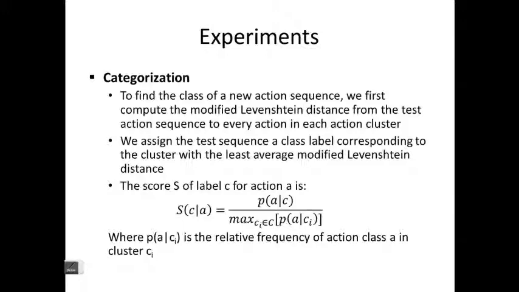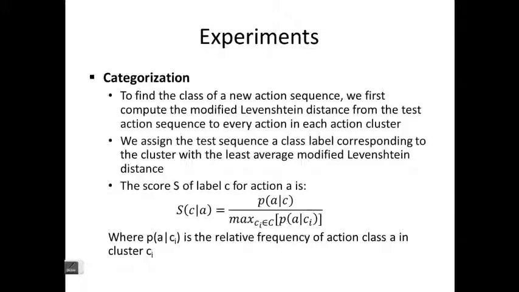And then we define the score of this particular label C for the action A as the relative frequency of observing that action in that particular cluster divided by the maximum possible frequency across all clusters. So let's say that we had 5 clusters and we found that the modified Levenshtein distance was minimal for cluster number 2.